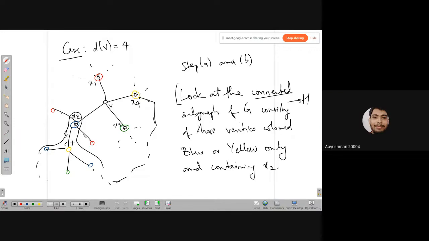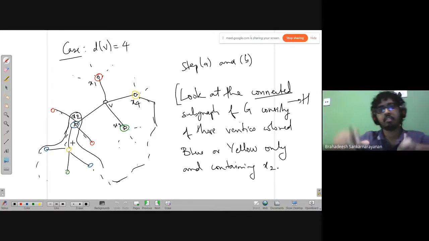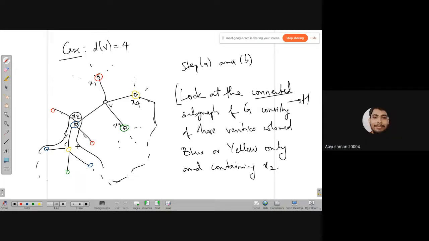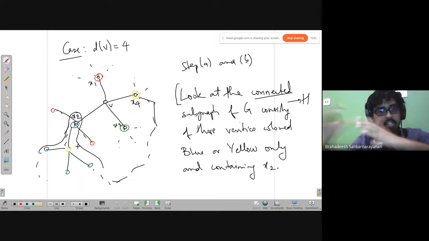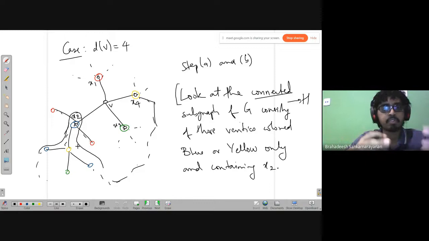Because if there is an edge between a vertex in H and something not in H, such that the one not in H is also colored either blue or yellow, then by my definition of H, that vertex should also have been inside H, because there's an edge between a vertex colored blue or yellow and another also colored blue or yellow. So the only edges between vertices in H and vertices not in H are between blue-yellow vertices and red-green vertices.